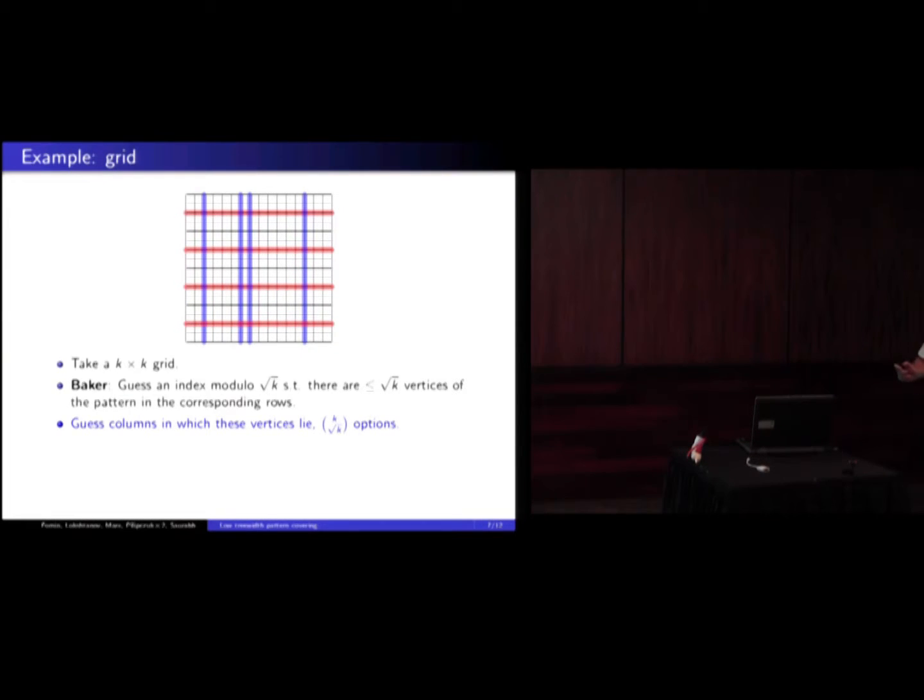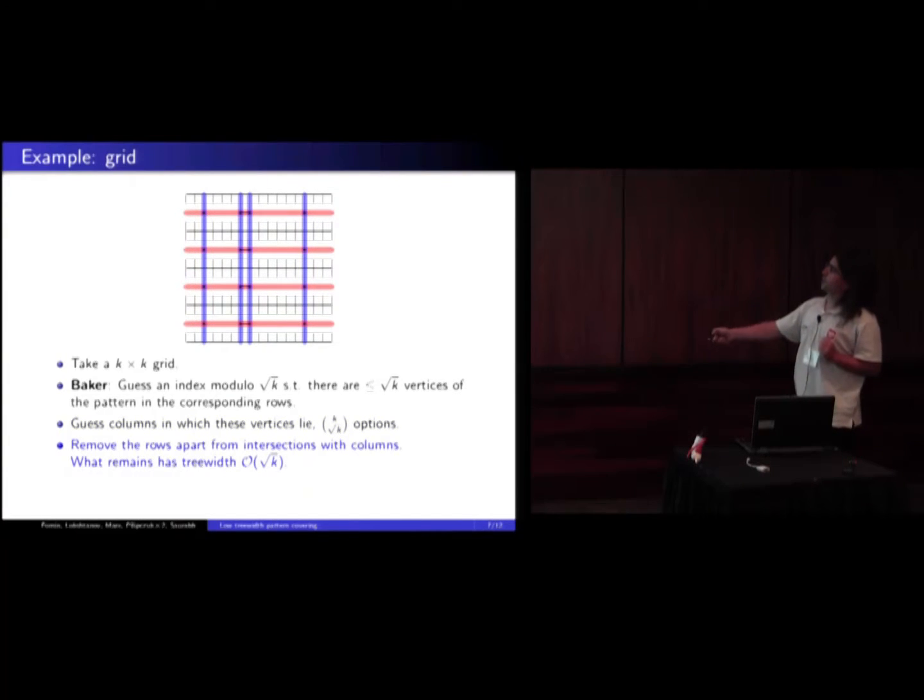There are square root k of them, so this amounts to k choose square root k options for guessing the columns. Now, having these guesses, I can remove everything from these rows apart from these columns, because I know that whatever is from the pattern in these rows lies in these columns.